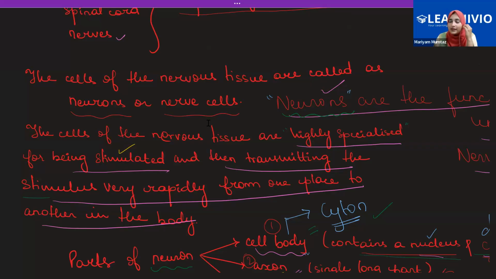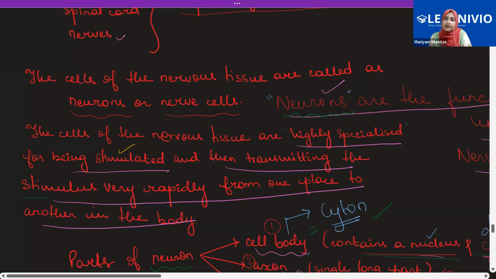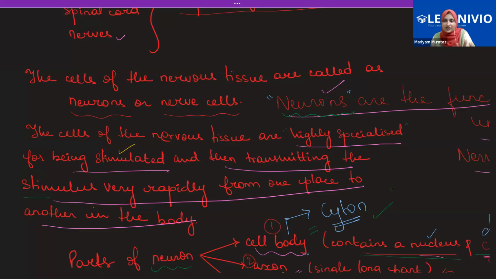You people have been doing classes with me for a while, so you have now recognized my voice, isn't it? So even if my video is off and I speak, you will understand that it is Mariam ma'am that is speaking. But if some other person would come here and speak like, good evening students, you will quickly understand that this is not our teacher, isn't it?